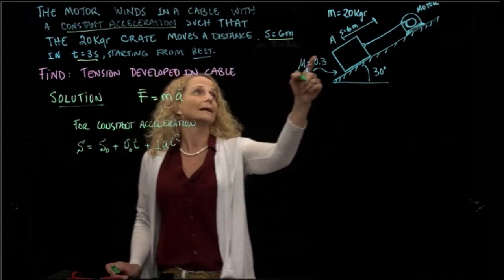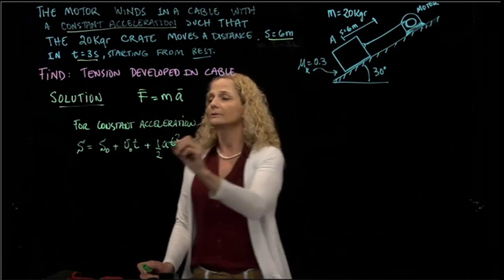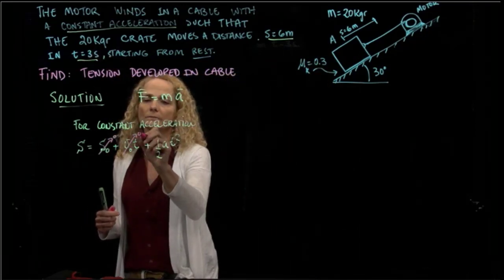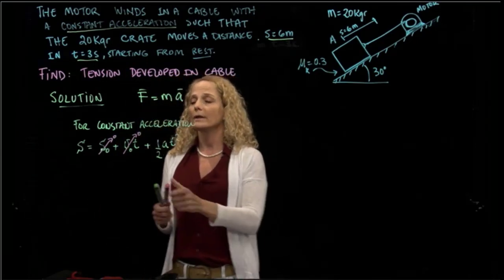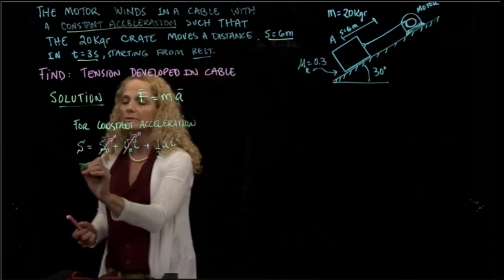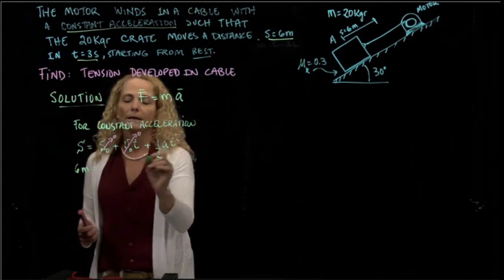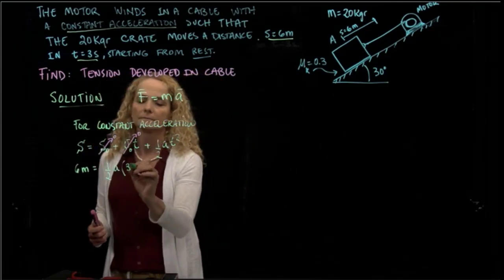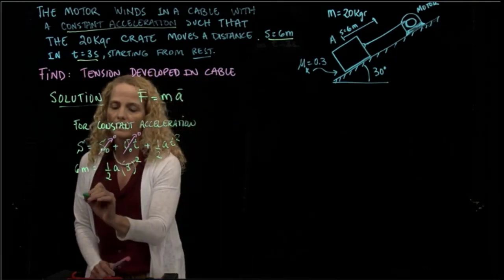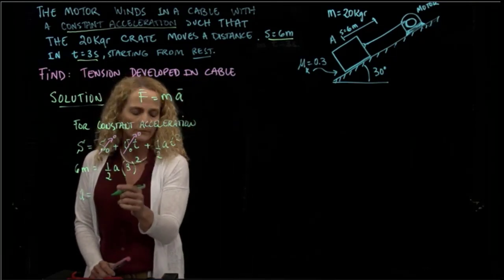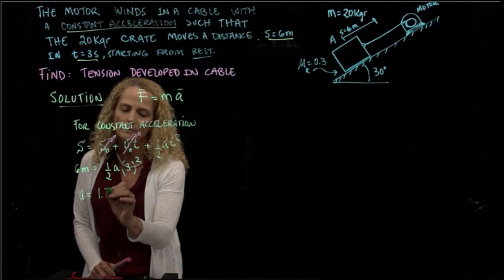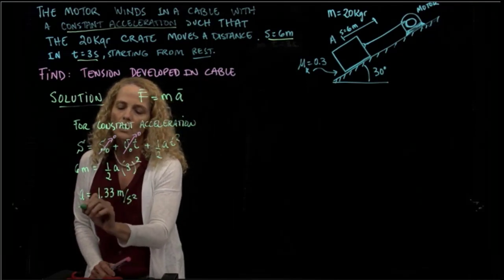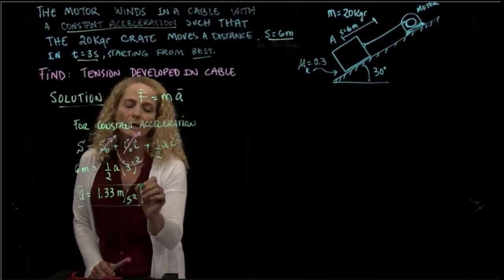The crate starts at 0 distance, so this is 0, and starts from rest, so this is also 0. And we know that we cover 6 meters in a time of 3 seconds. We can calculate our acceleration, and if we solve for the acceleration, we get 1.33 meters per second squared. So now we have the acceleration.